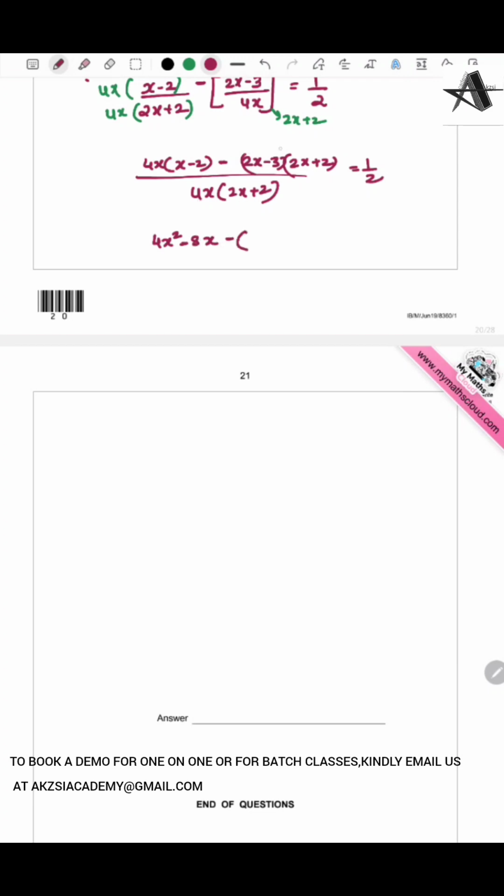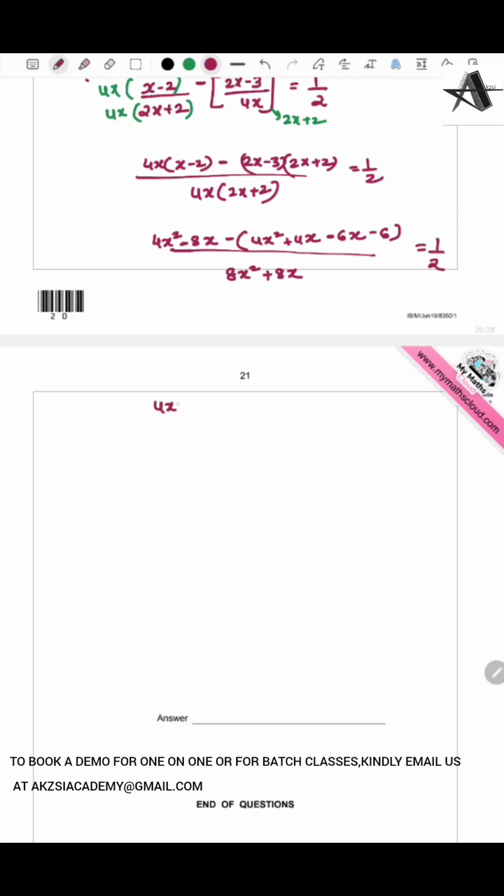Minus 2x times 2x is 4x squared, 2x times 2 is plus 4x, minus 3 times 2x is minus 6x, and minus 3 times 2 is minus 6. Over 4x times 2x is 8x squared, and 4x times 2 is plus 8x, equal to half.